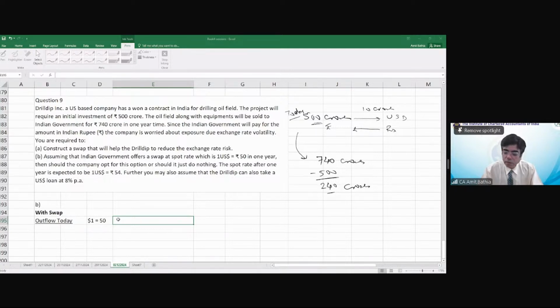So how much will be the outflow today in USD terms? 500 crores divided by 50. Am I right? How much will that be? Rupees 500 crores divided by 50 equals USD 10 crores. Are you all with me? Yes. So USD 10 crores.